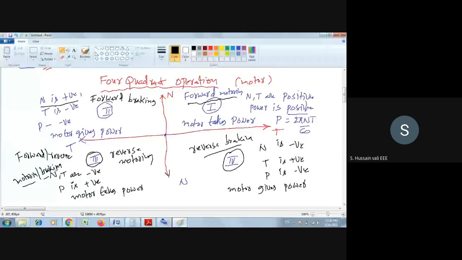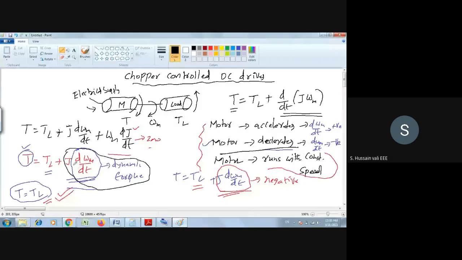Why will it give the power back to the source? Because when you apply brakes, it starts decelerating. Just now I explained this thing, just recall the previous topic. When the motor decelerates, what do you find? The dynamic torque part is negative. When it is negative, that negative torque supports your motor torque.